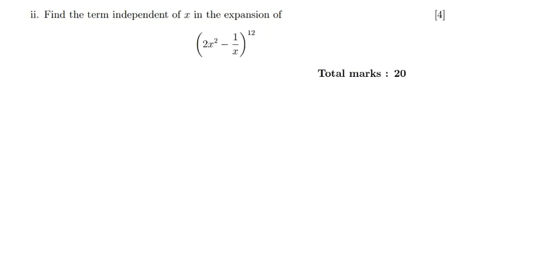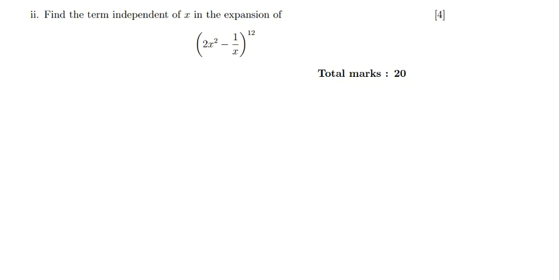We have another question for binomial expansion, which is saying find the term independent of x in the expansion of. This question had 4 marks. When we say find the term independent of x, it is a term which does not have x in the expansion.